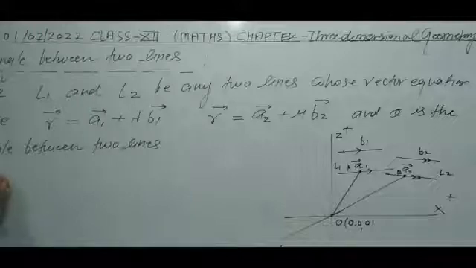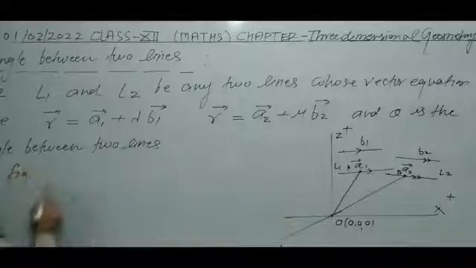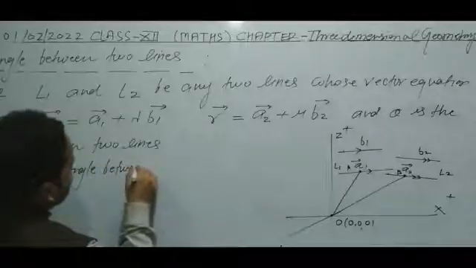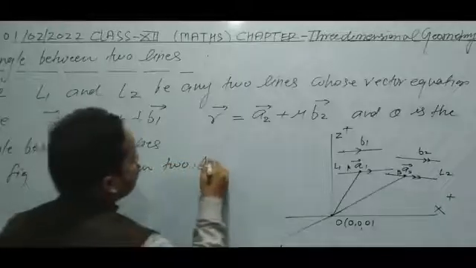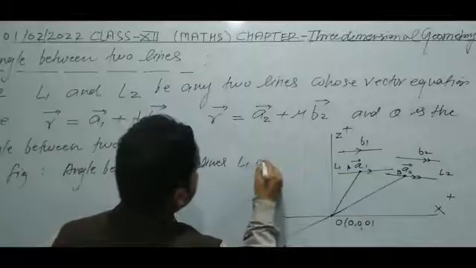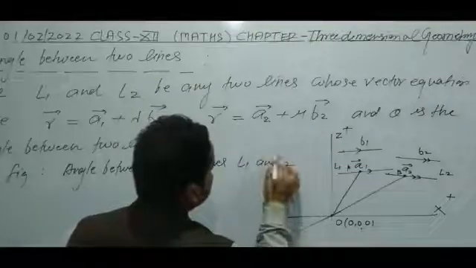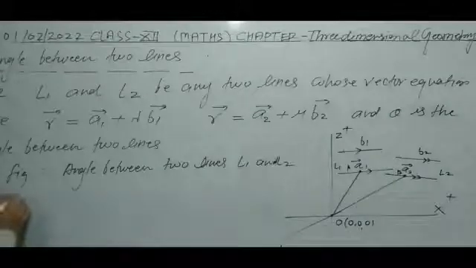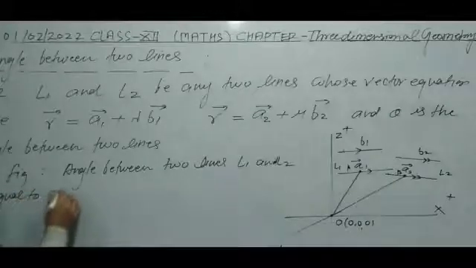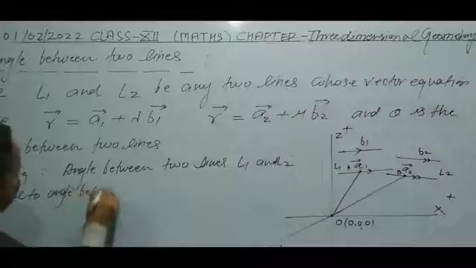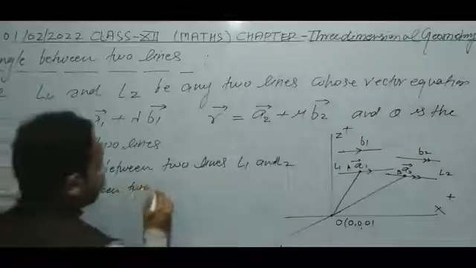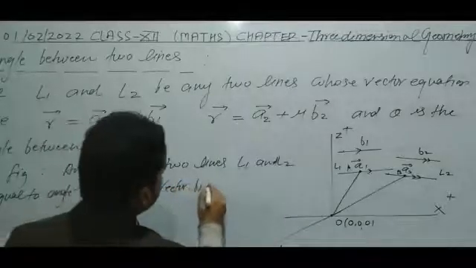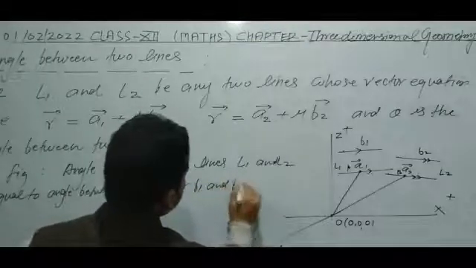From the figure, what can we say? The angle between two lines L1 and L2 is equal to the angle between the two vectors B1 and B2.